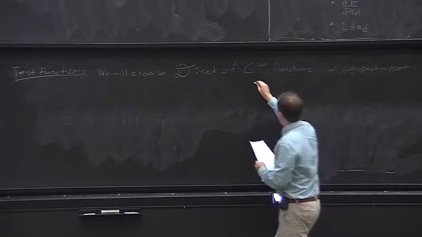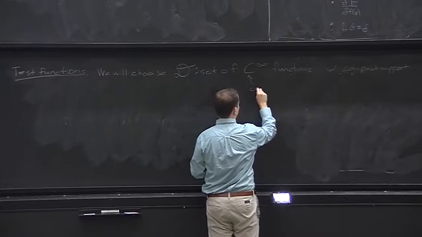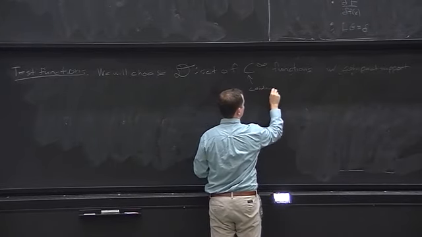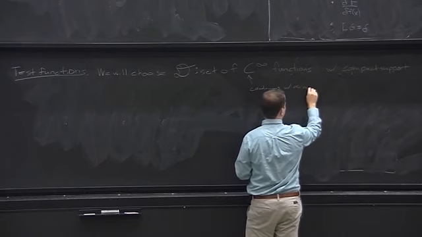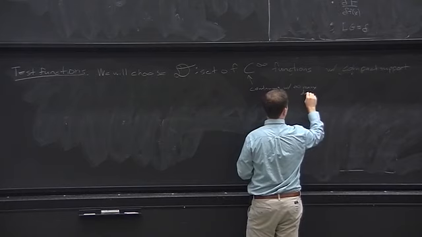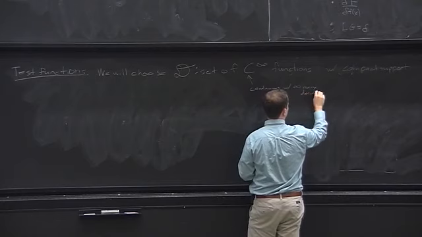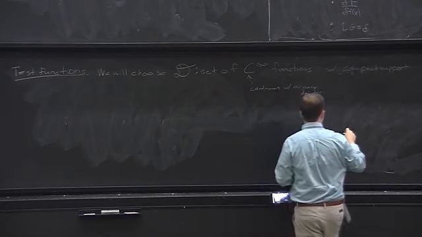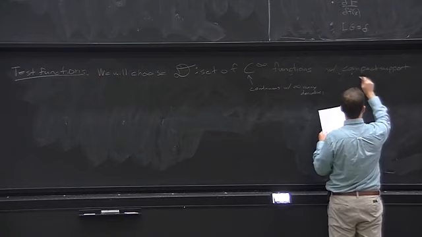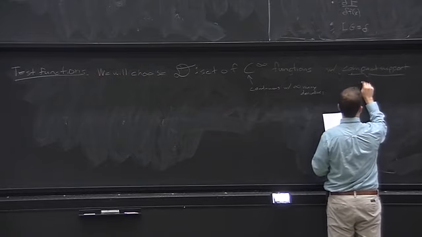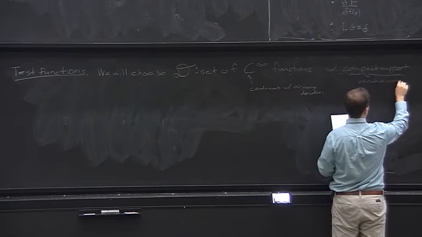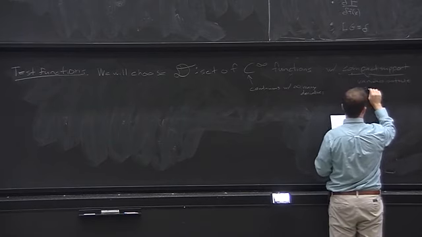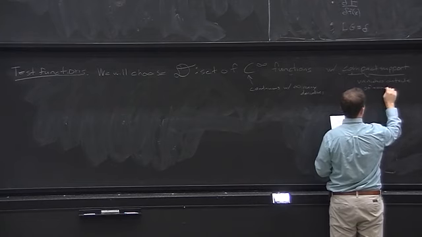Okay, so C infinity means that it's continuous with infinitely many derivatives. And compact support means it vanishes outside of some finite region.